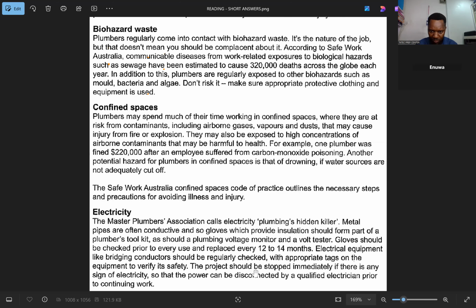The project has been stopped or should be stopped immediately if there is any sign of electricity, so that the power can be disconnected by a qualified electrician prior to continuing work. Let me take us back to the question.